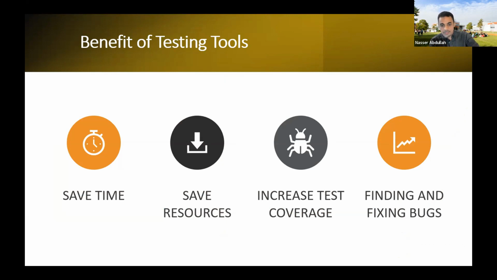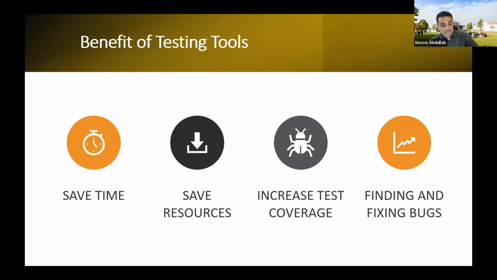Even manual testing uses some testing tools. We cannot do everything manually, right? So even in manual testing, some tools are used. So maybe you have some degree, either completely using the tools or using some tools and human as well.